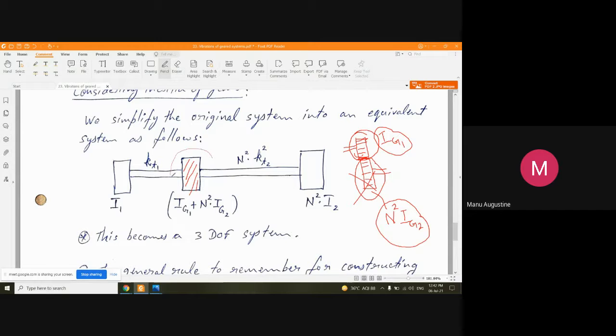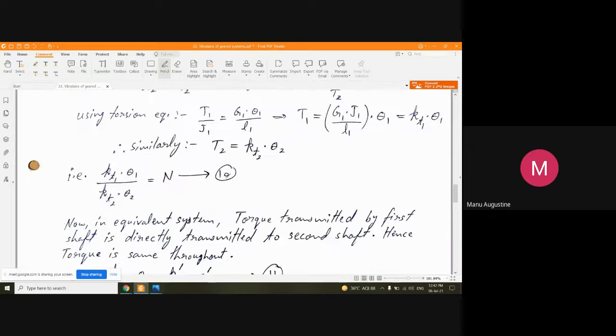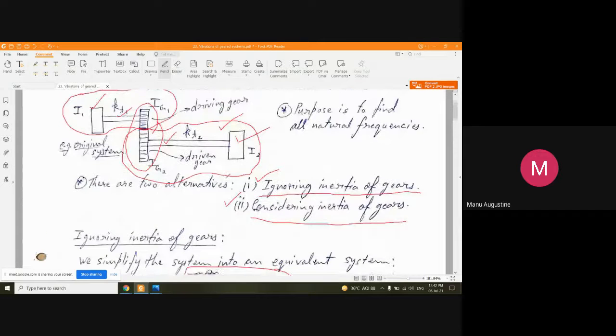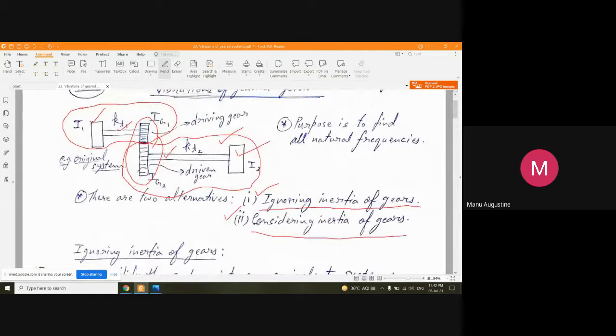Please pay attention to this part of the figure in the original setup. In the original setup, you can see in this part you are having two gears. Now, instead of these two gears in combination, you are simply putting a bulk rotor here. And then you can have the shaft continuing towards the right side and the shaft continuing towards the left side.